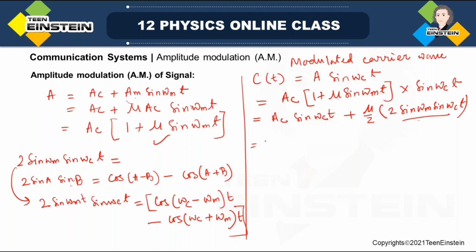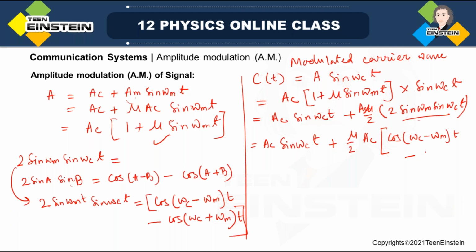Look, I'll write here AC sine omega c into t, and this is mu by 2, and obviously there will be AC also here, AC into mu by 2, along with that this term cos of omega c minus omega m into t.